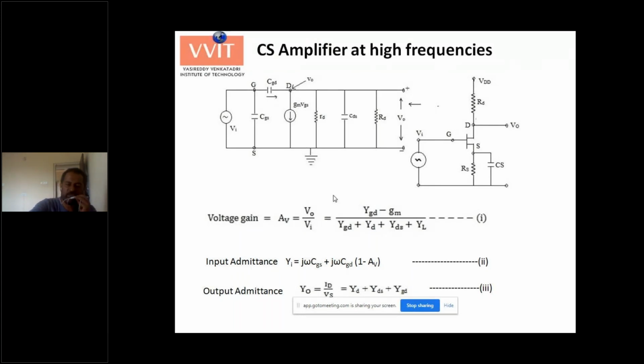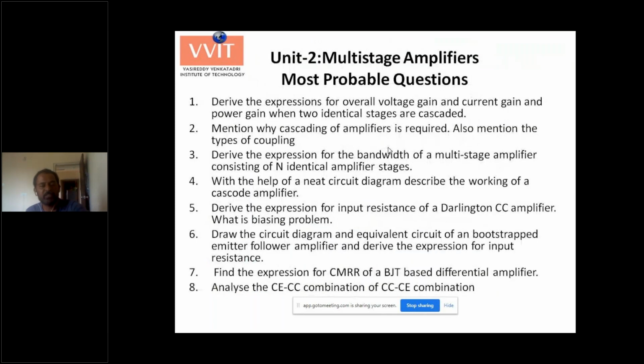Most of the time in part B you may get a numerical problem, and you need to answer that numerical problem. Okay, fine. So these are the important things of chapter 1, high frequency analysis of transistor.